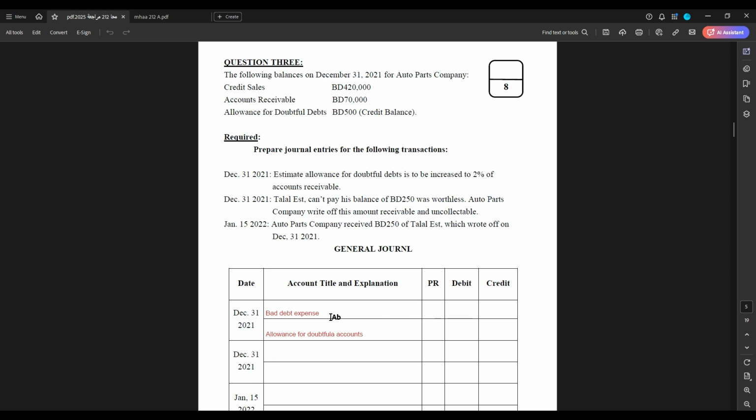So 2% of accounts receivable, and we have a 500 credit balance.